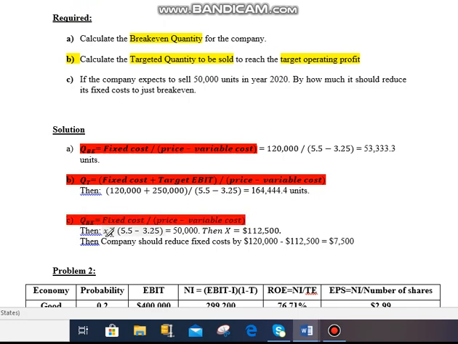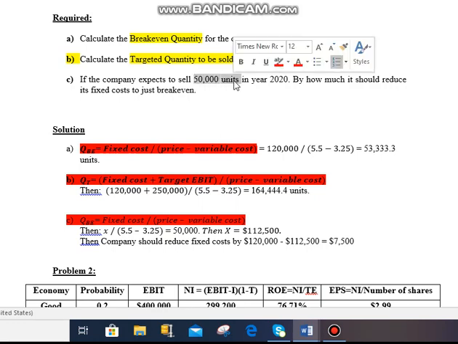But we will put the fixed cost as X, in order to reach the fixed cost that we want to make a break-even, over the price per unit minus the variable cost per unit, which is equal to the quantity of break-even that is given, 50,000 units.